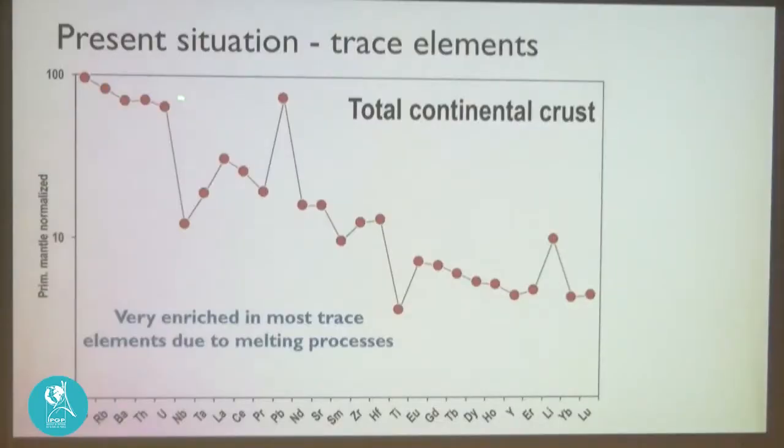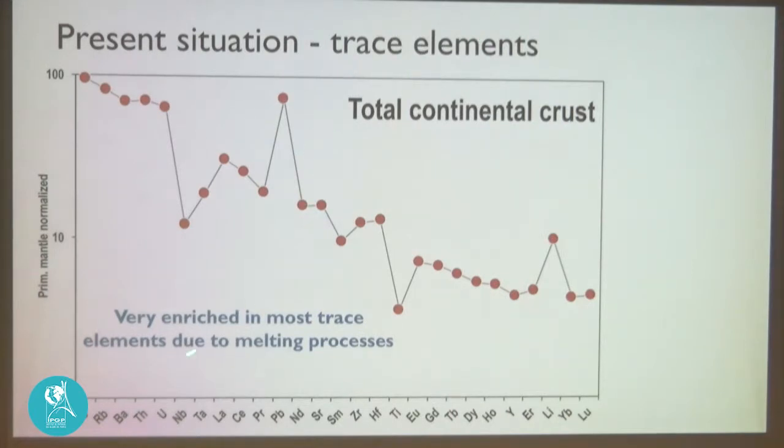So why is it important if it's so little? It is important for us in geochemistry. This is the first geochemistry diagram. There are going to be a couple more. This is the present situation when you look at the trace elements in the continental crust.